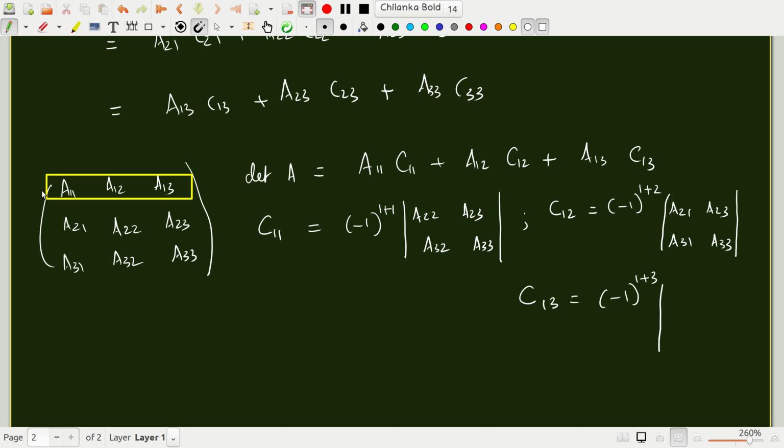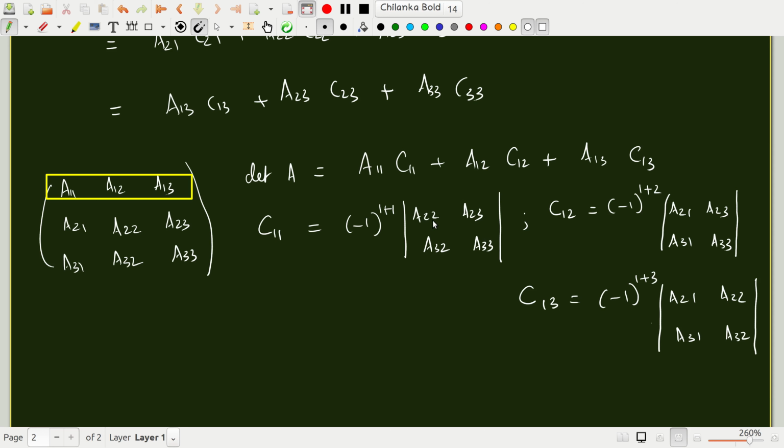Then you have to neglect the first row and third column, so you will get A21, A22, A31, A32. Okay. Now, how do I calculate these determinants, which are now determinants of 2 by 2 matrices?